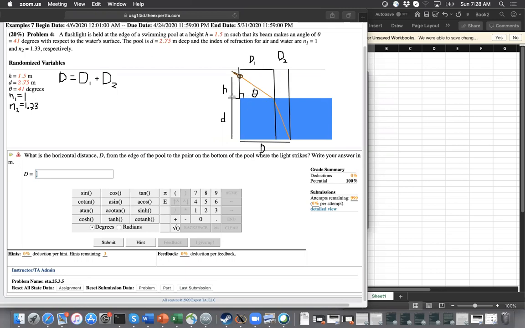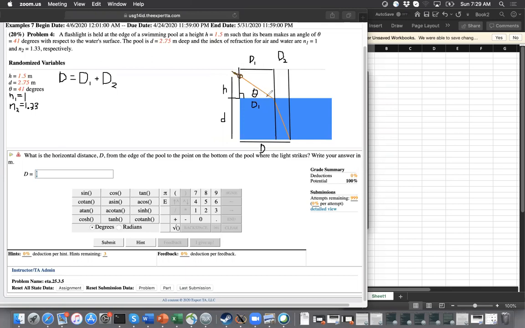It's got a height h, at a base that is D1. And this angle is theta. So this is a right triangle, and D1 is something we can get from h and theta.